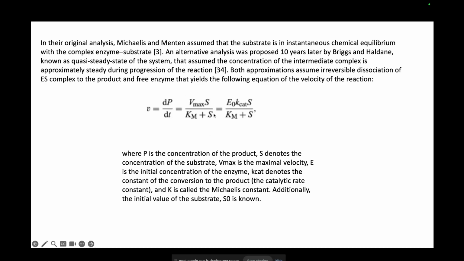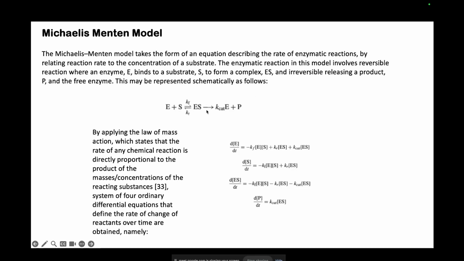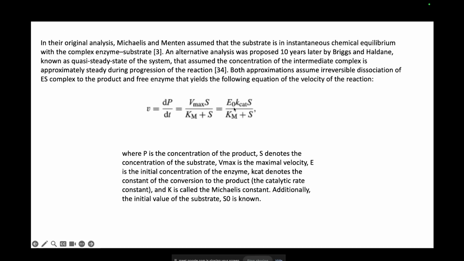Vmax is your maximum velocity of the reaction, Km is the Michaelis-Menten constant, and S is your substrate concentration. And this Vmax is actually given by E naught Kcat. E naught is basically the initial enzyme concentration, which is the same across the whole equation, and the Kcat, the catalysis, is the last part of this equation, where ES is getting broken down to E and P. So this is the equation for Michaelis-Menten that we see daily and is widely used.